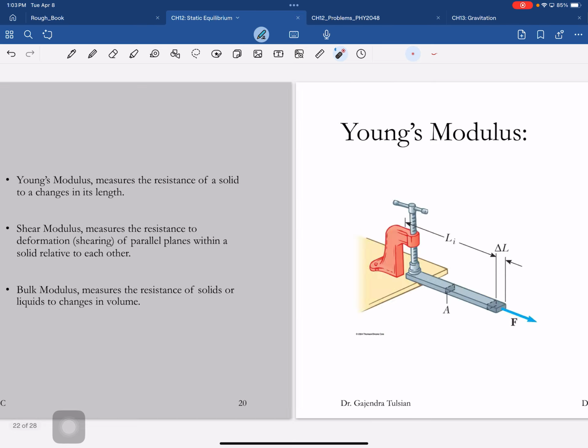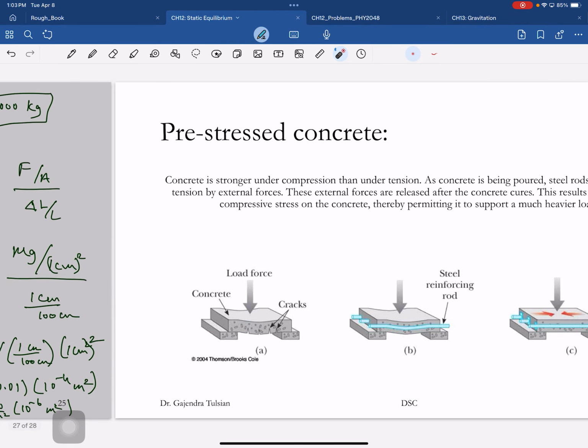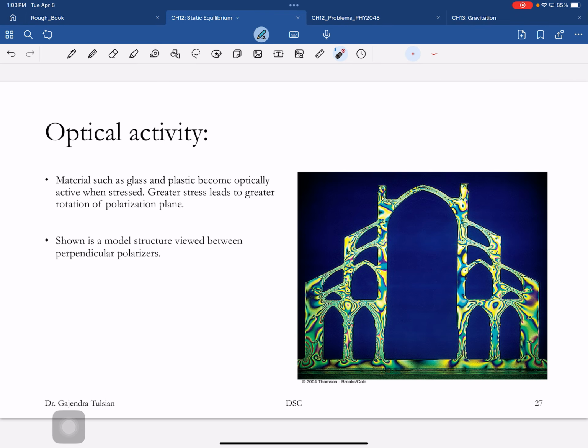All right, guys, so that covers this chapter. I don't know if they still use these things. This was a device, if you design a structure like this, that measures via optical activity where the structure has the greatest stress. I don't know if these guys still do them. So you have two polarizers, you build a model of the structure, let's say made out of transparent material, plastics or something like that.